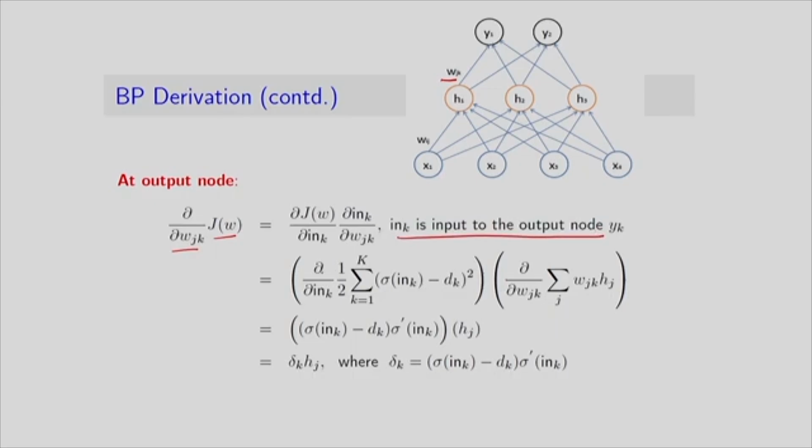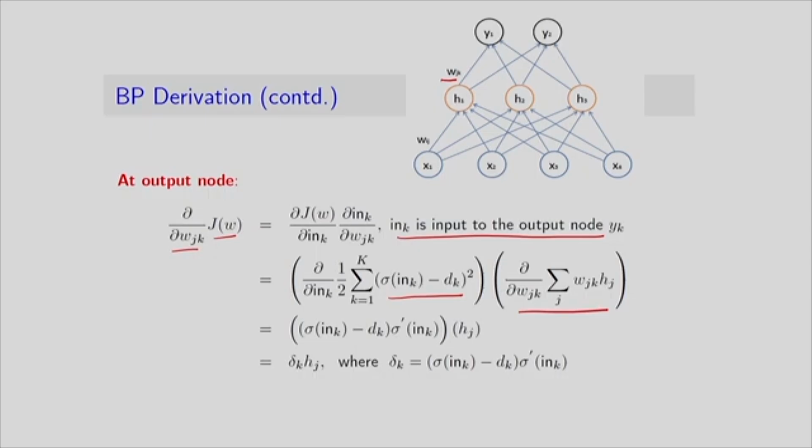So this ∂/∂Ink into 1/2 summation k equal to 1 to K. This expression I am getting is nothing but J(w), that is the cost function, and in this part I am differentiating the Ink with respect to Wjk.